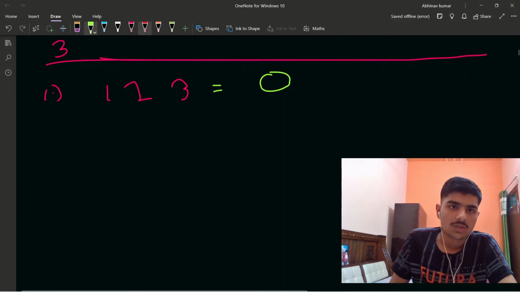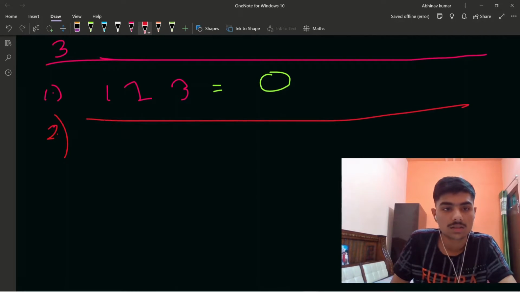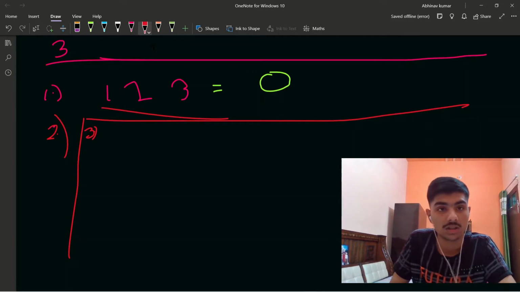The second case is when the array is not sorted, right? Under this case there are going to be 3 cases. The first case was when the array is sorted, and then there are 3 cases under the second one when the array is not sorted.